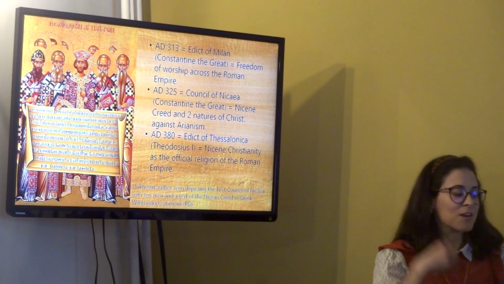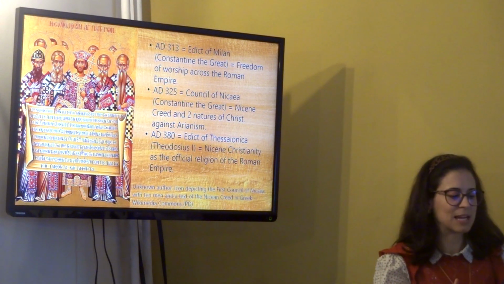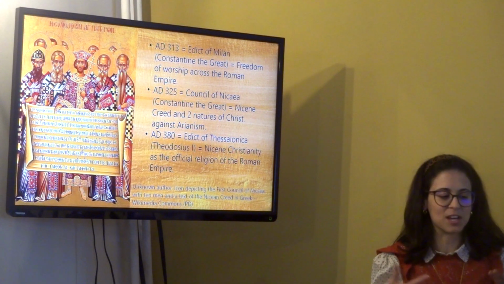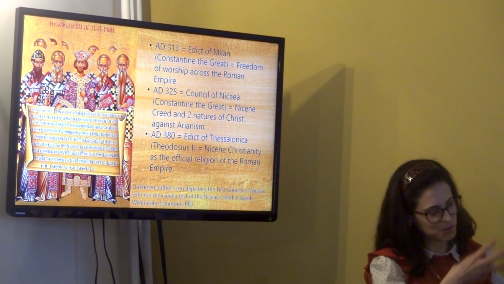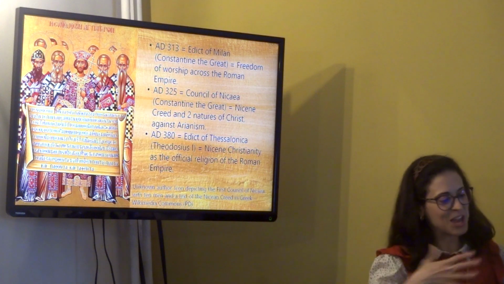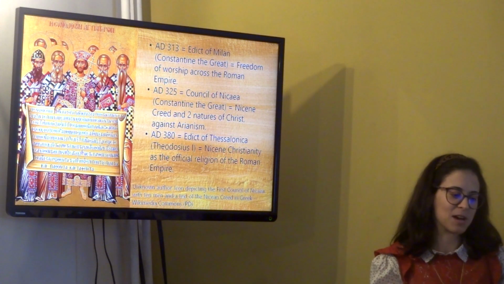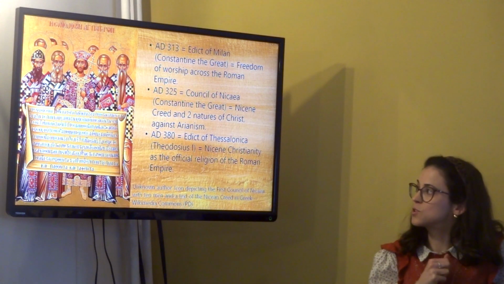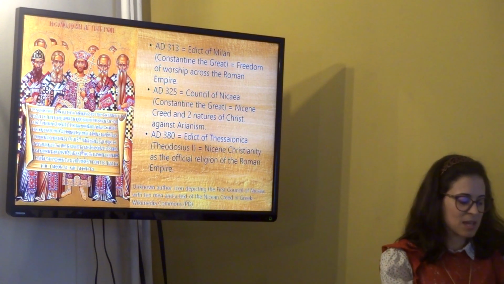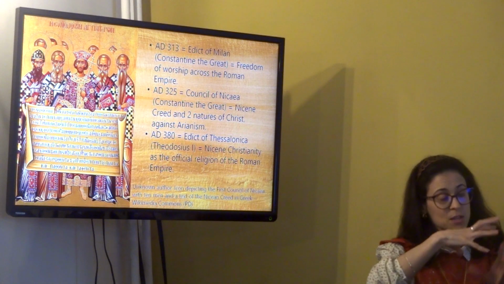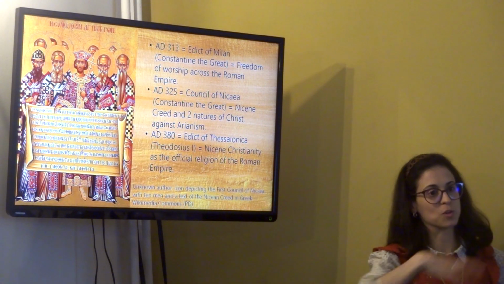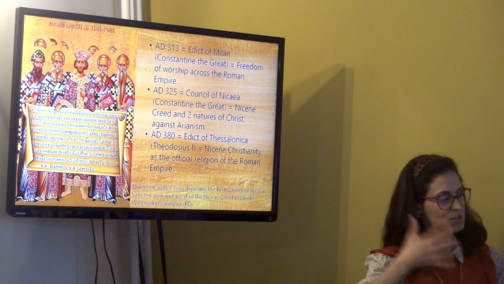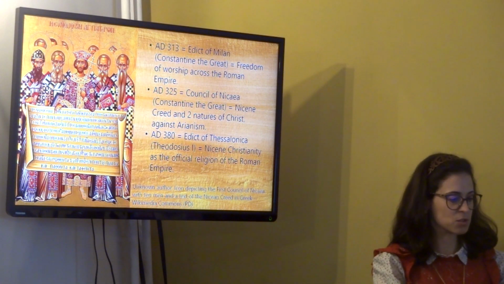And then a few years later, in the year 380, Nicene Christianity, that is the branch of Christianity coming from the Council of Nicaea, so our branch, became the official religion of the empire through the Edict of Thessalonica, issued by Emperor Theodosius I. So we see how Constantine sort of paved the way by declaring freedom of worship, and then Theodosius basically established Christianity as the official religion of the empire.